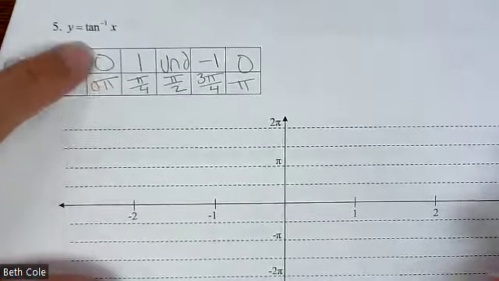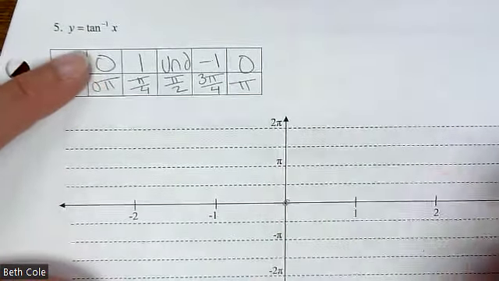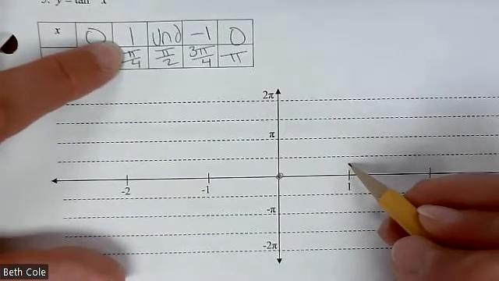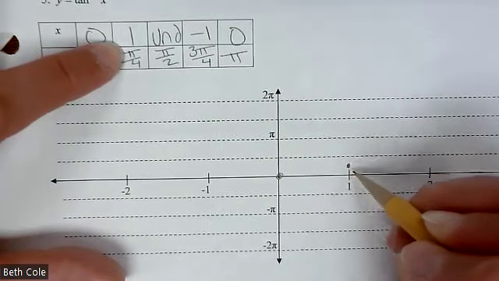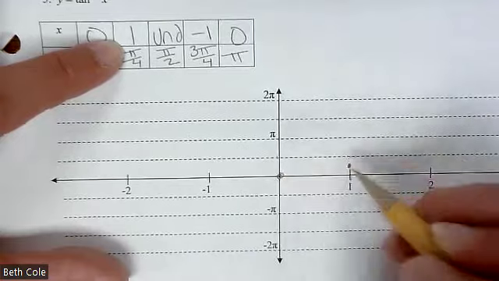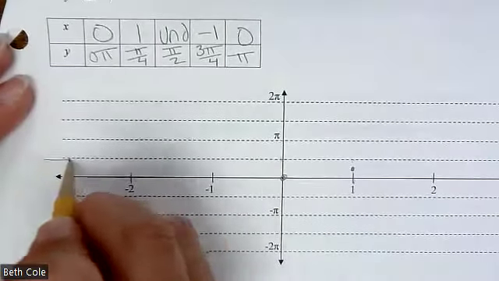You're going to start at (0, 0). Now, watch me plot this. It's 1 at π/4, which is going to be right there. Do you see how it's in between? Because π/4 is halfway in between 0 and π/2. And then at π/2 is the asymptote.